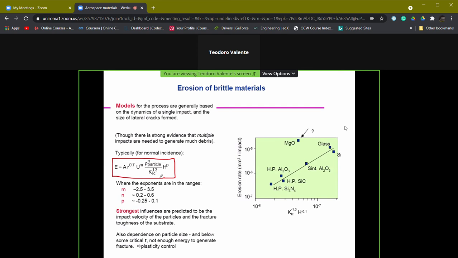And there is one important difference that we will now discuss with respect to adhesive and abrasive wear in the case of erosion wear. But let's go in order.